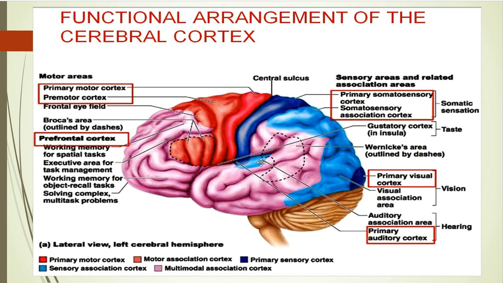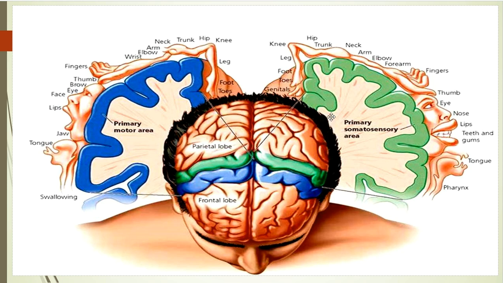First we study the somatosensory cortex. It occupies the postcentral gyrus. We can look here at the primary somatosensory area, where the thalamocortical fibers terminate, and the gyrus contains the centers of skin sensitivity and proprioceptive sensitivity.